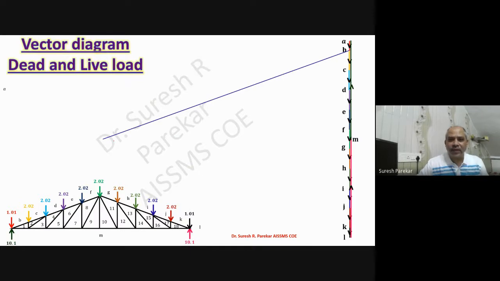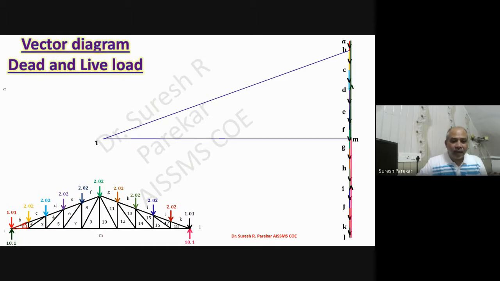You can see we are going to plot point 1 here, which is common to B1 and M1. So first, this line is parallel to B1. And then second I will draw a line which is parallel to M1. And this will be M1. And this will give me point 1.